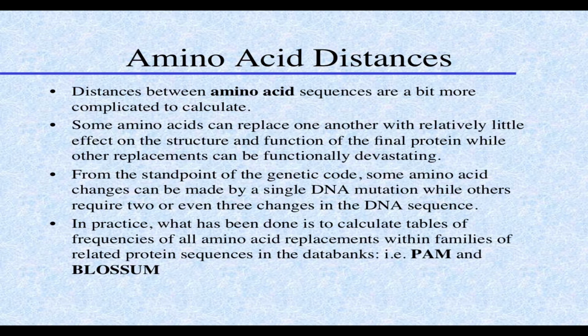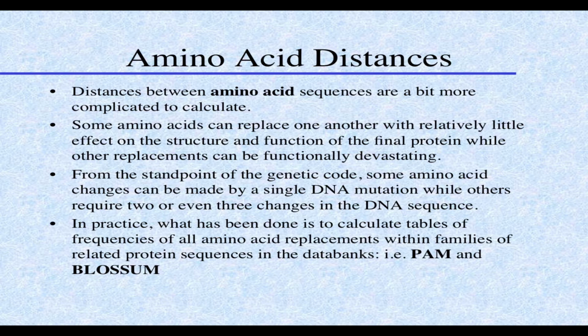So, if we're working with amino acids instead of DNA, then we can use an amino acid distance matrix, as we've been doing in the past couple of lectures, right? One amino acid change is not necessarily equivalent to another because some are conserved and some are less conserved.